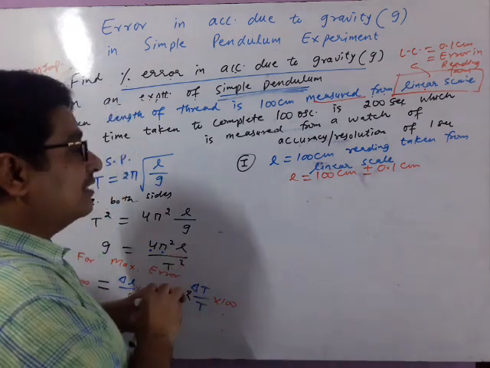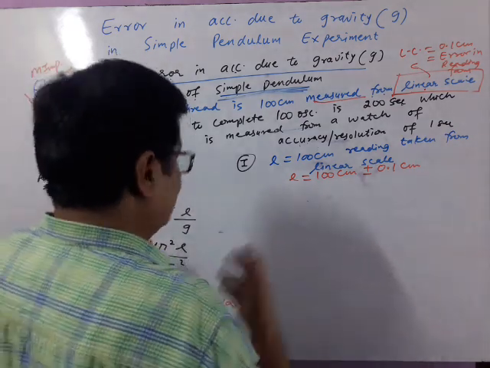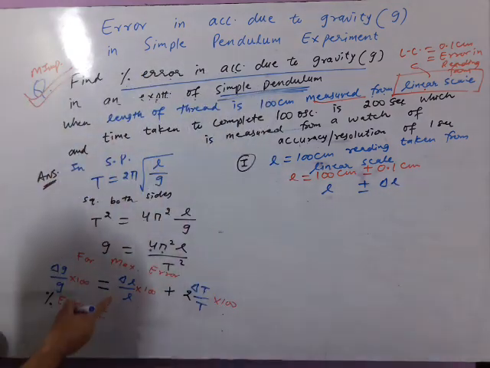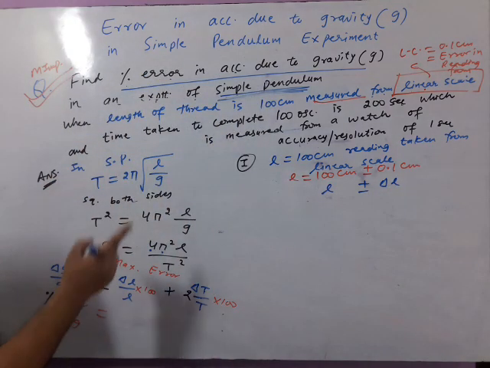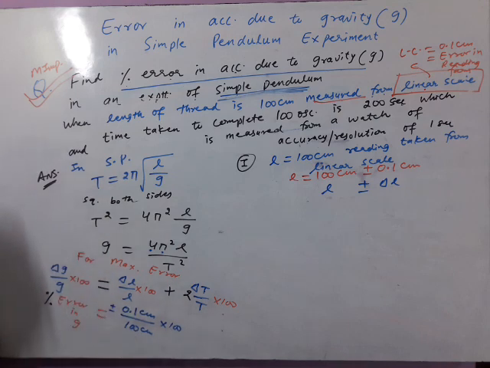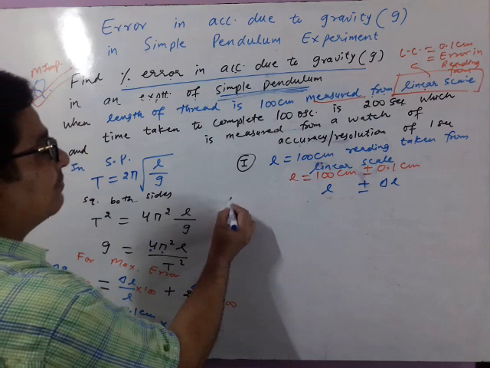So this is called actual length and this is called error in length. Now we may substitute here error in length, it is 0.1 centimeter and original length is 100 centimeter into 100. You may put the sign plus minus. Now see the part 2.